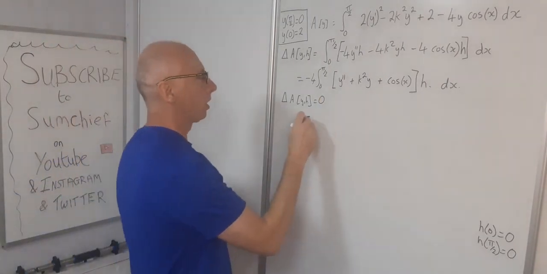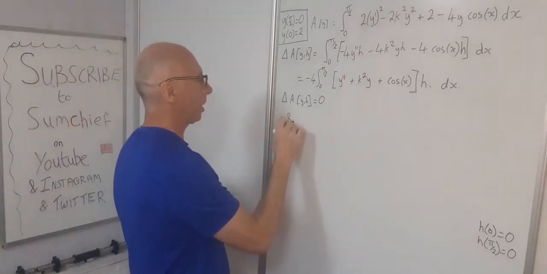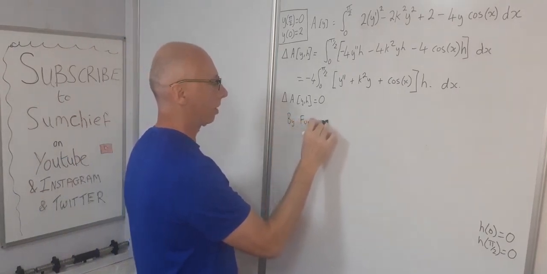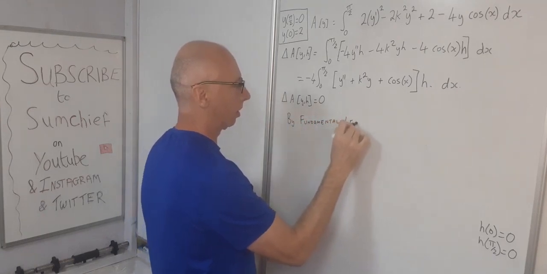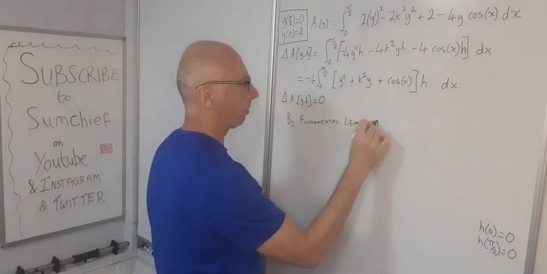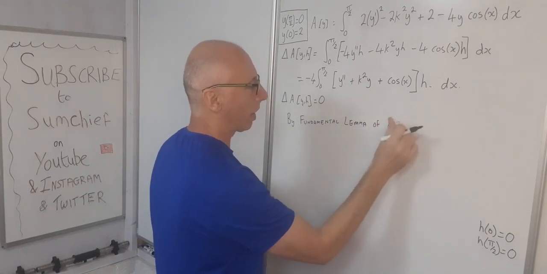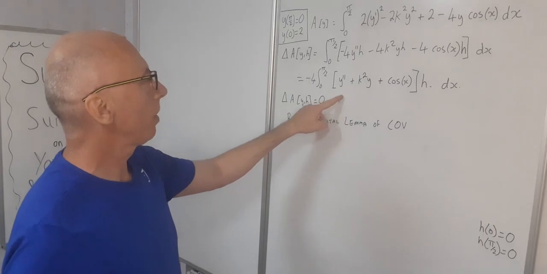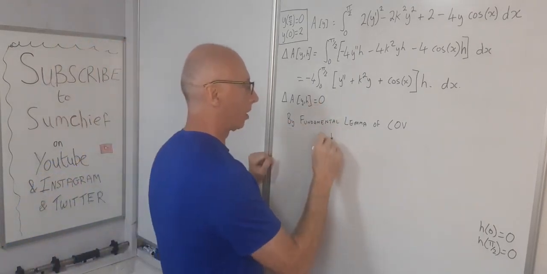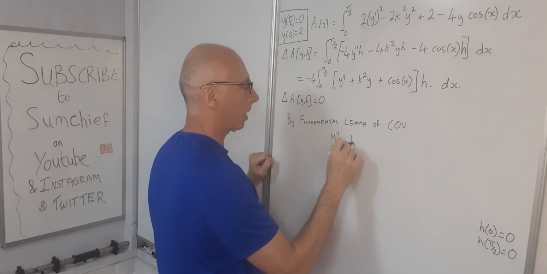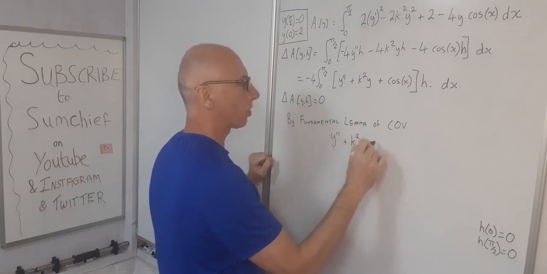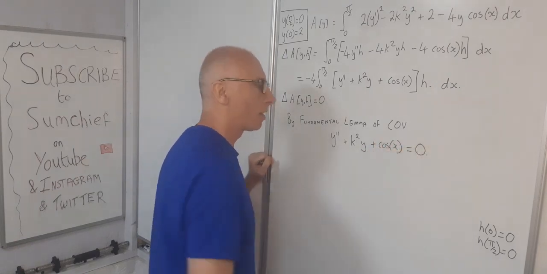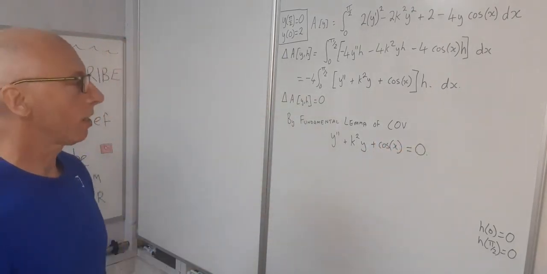So therefore, by the fundamental lemma of calculus of variations, we are left with y double prime plus k squared y plus cosine of x equals 0. That's got to be our stationary path.